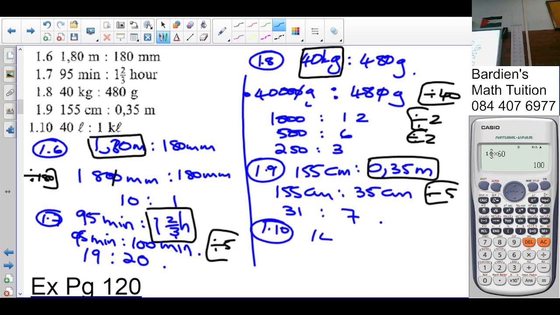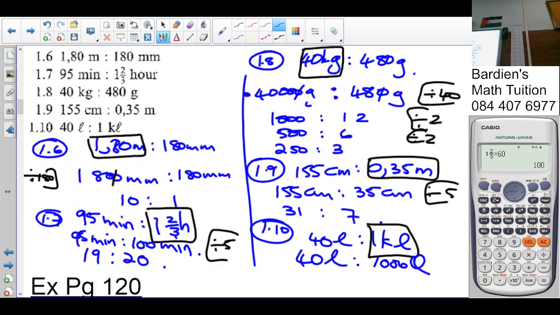You got 40 liters is to 1 kiloliter. How many liters are there in a kiloliter? 1,000. So 1 liter is smaller than 1 kiloliter. We multiply that by 1,000, what do we get? 40 liters is to 1,000 liters.